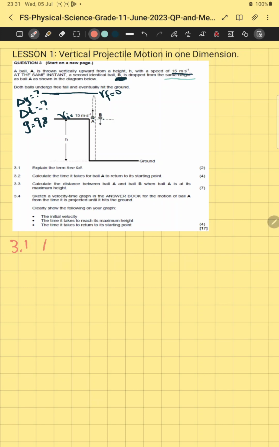Free fall means an object moving, or in motion, under the influence of gravity or weight. When you throw an object vertically upwards, or vertically downwards, as long as the object is in the air, we say that the object is in free fall, because the force of gravity is acting upon it.